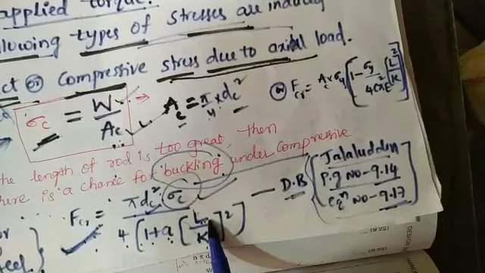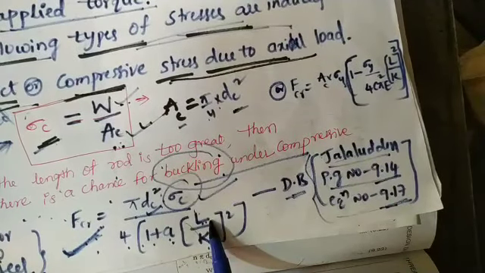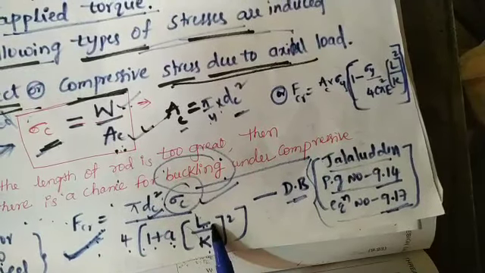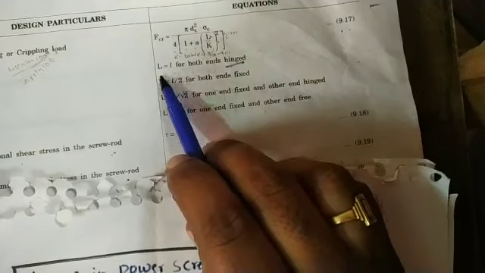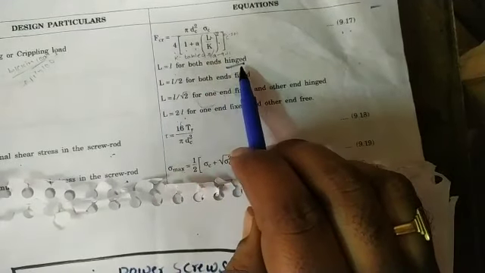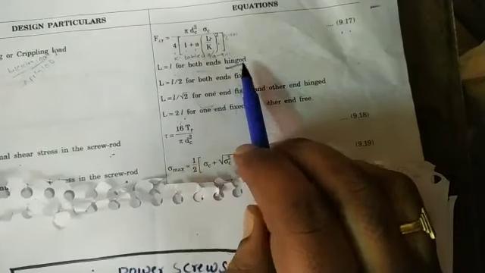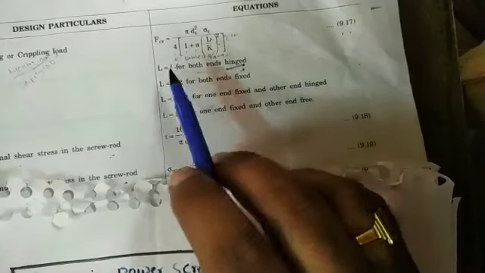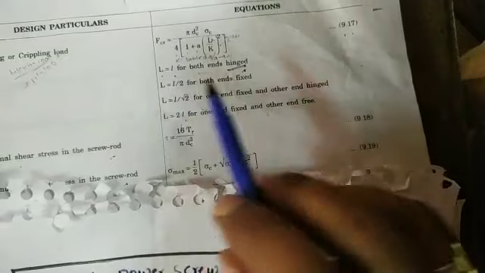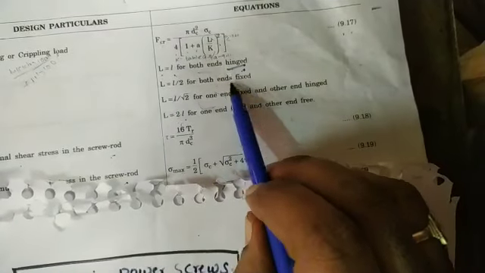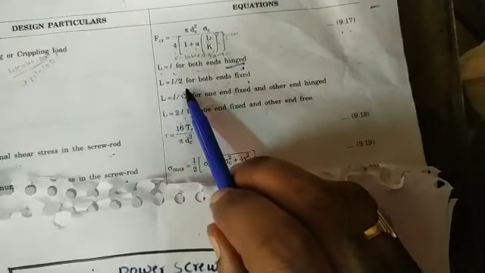Capital L means the equivalent length of the screw rod. This L value depends upon four conditions; please see the four conditions in the data book. If both ends are hinged, then use L equal to l. If both ends are fixed, then L equal to l by 2.